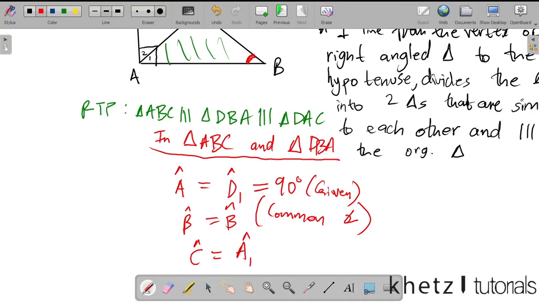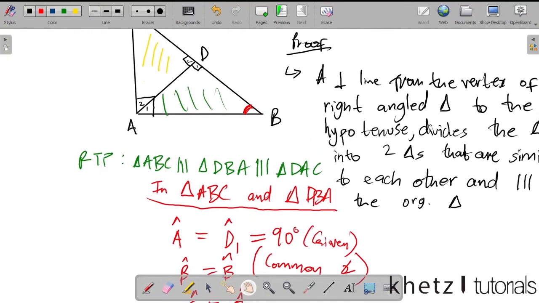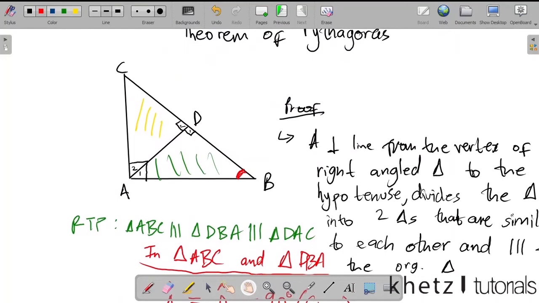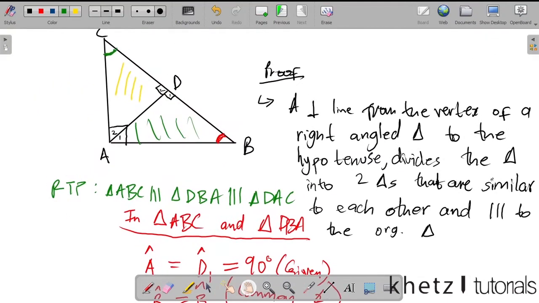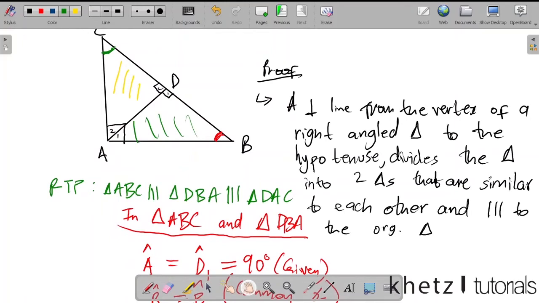So for ABC, it's angle C, which is left out of what we've been talking about previously. So it's angle C, and for DBA is basically angle A1, which is the angle over here.